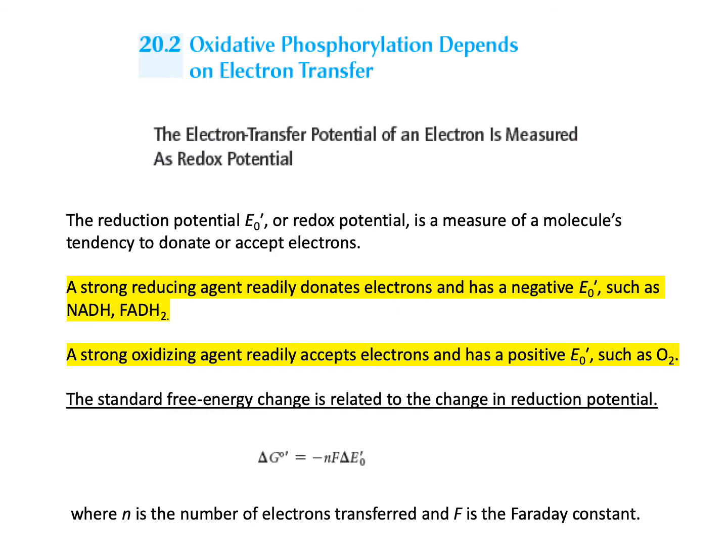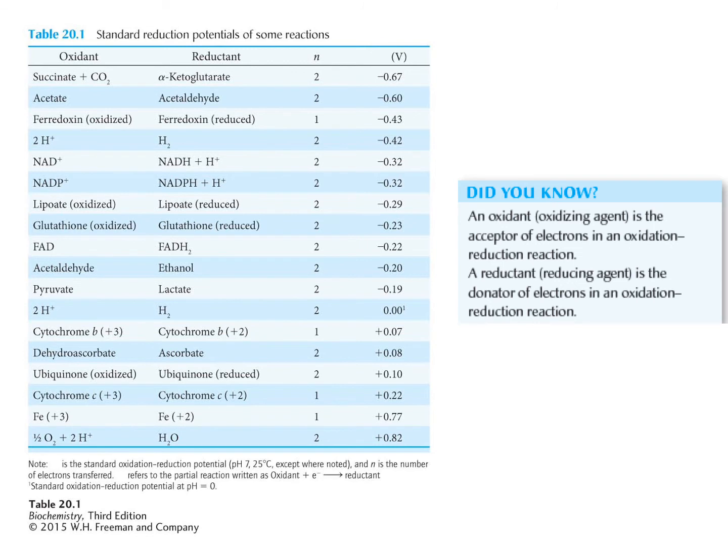The standard free energy change, delta G, is related to the change in reduction potential, and the relationship is reciprocal. An oxidant is the acceptor of electrons in a redox reaction, while a reductant is the donor of electrons in a redox reaction.